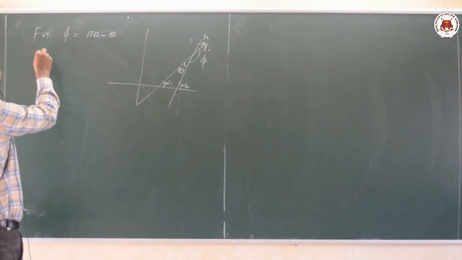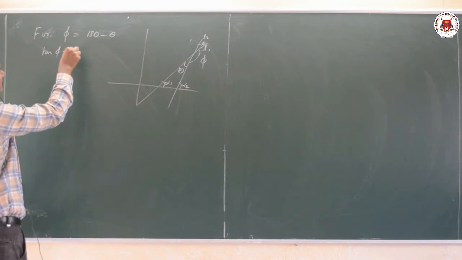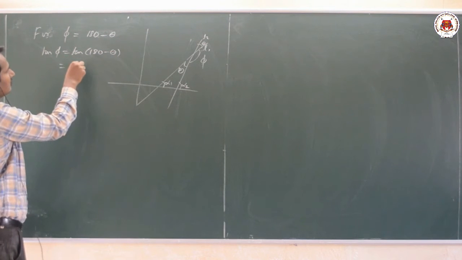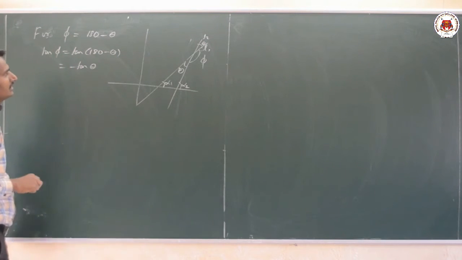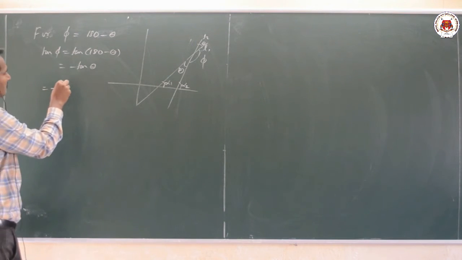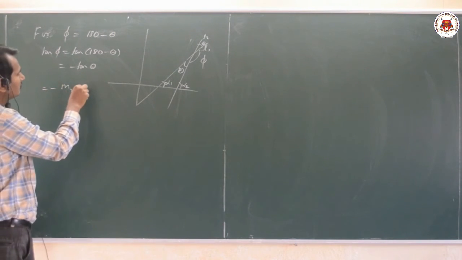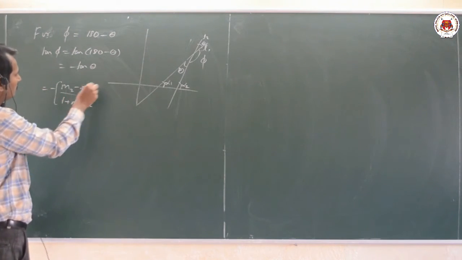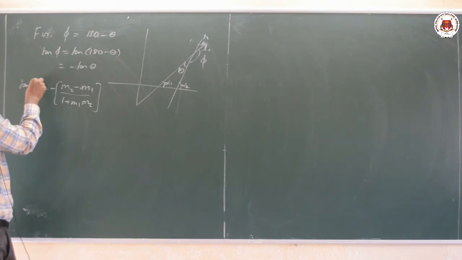If you take tan on both sides, tan phi is equal to tan of 180 minus theta, which is minus tan theta. So what we get is minus of m2 minus m1 whole divided by 1 plus m1 into m2, for angle phi.